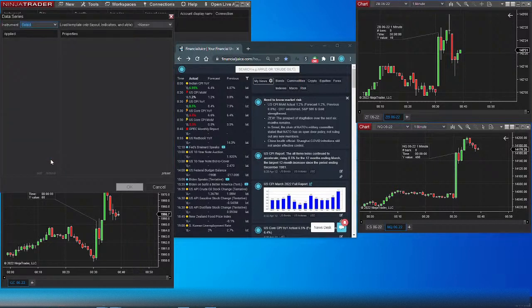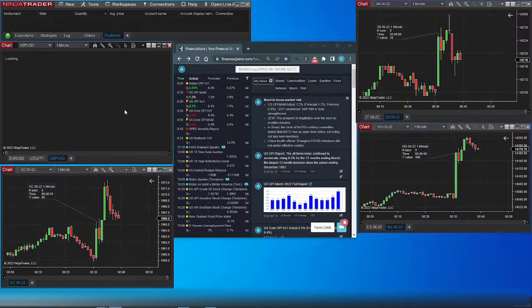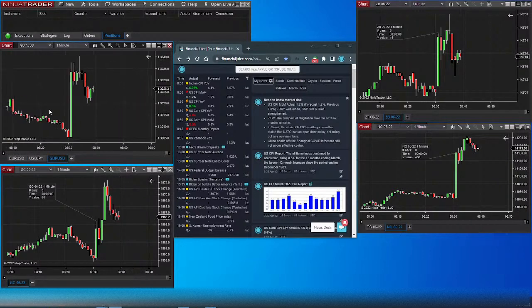Let's keep an eye on cable. 32 pips. Just ignore that if it looks like 323, but overall that converts to 32 pips, if you're confused with what I'm saying and the numbers.